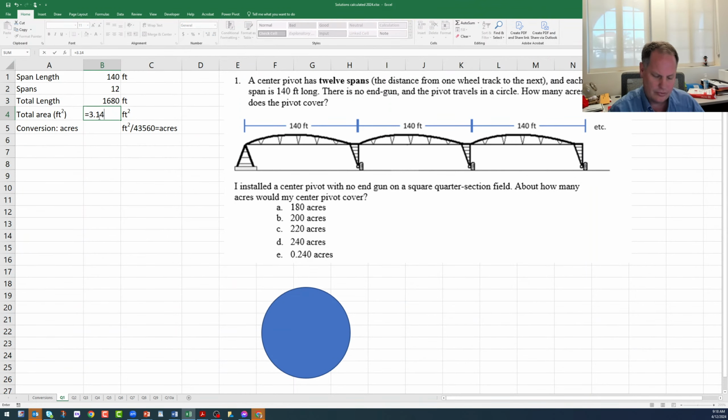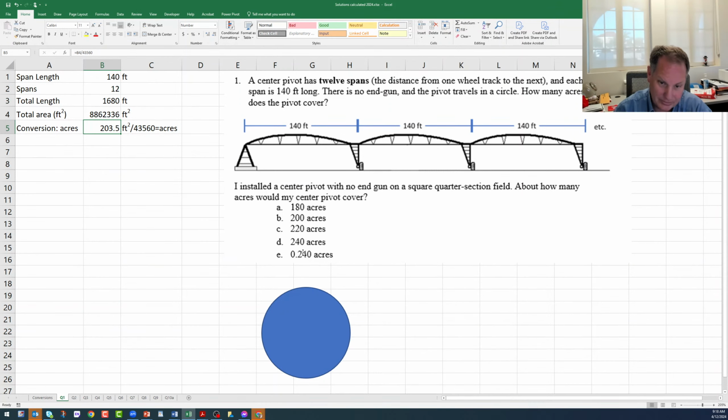So 3.14 times this squared gives me my total number of square feet, and then I need to divide my total number of square feet by the square feet in an acre, and I get 203.5 acres. So looking at my answers here, that's not going to be 180 or 220 or 240 or 0.240. It's going to be 200.